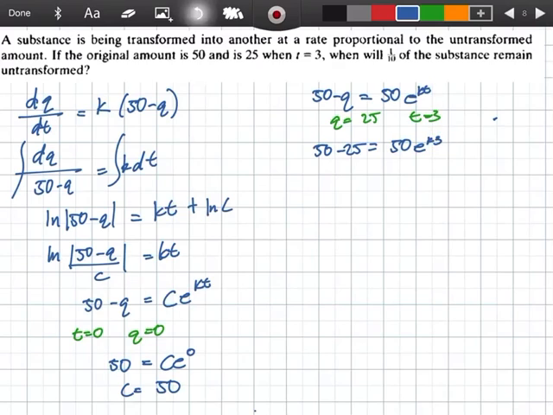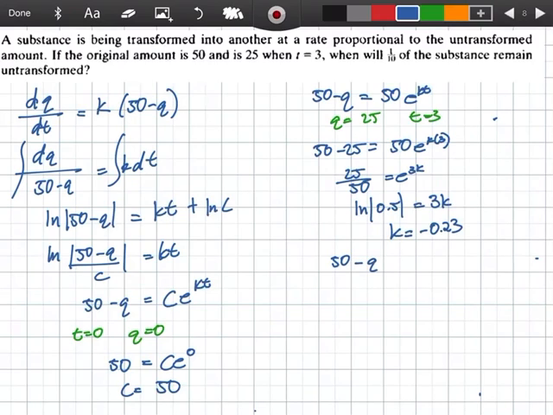Right? This means that 25 over 50 is equal to e to the 3k, or ln of 0.5 is equal to 3k, where k is equal to negative 0.23. So we get 50 minus Q is equal to 50 e to the negative 0.23t.